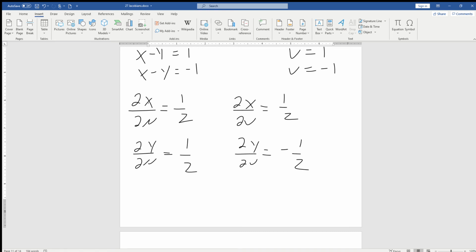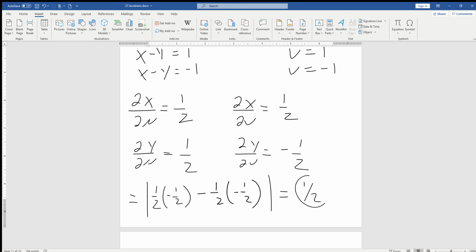And so finally, our Jacobian is going to be equal to the absolute value of 1/2 times -1/2 minus 1/2 times -1/2. Right? And then we get -1/4 minus 1/4, so that ultimately should just be a half. All right, and that's our Jacobian. We're going to hold on to that.